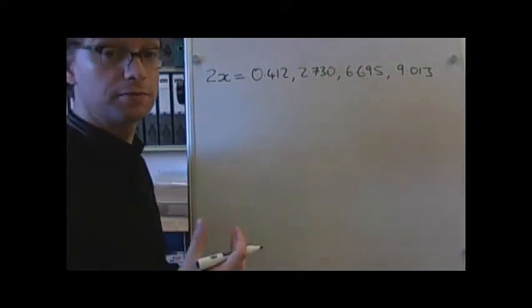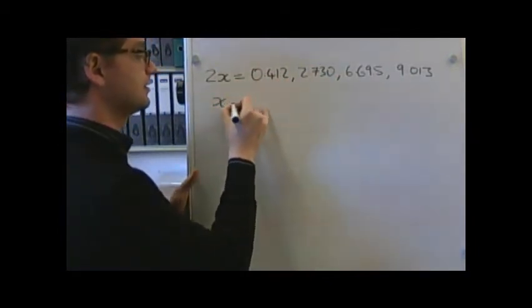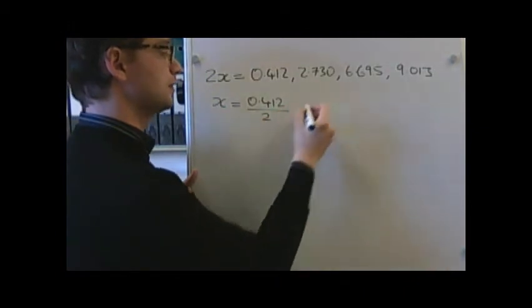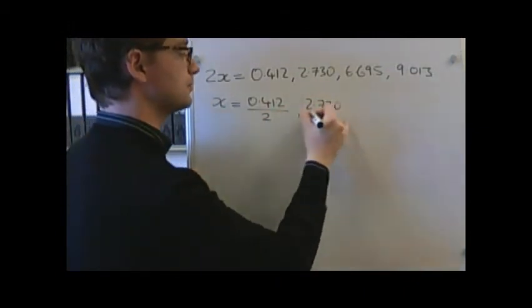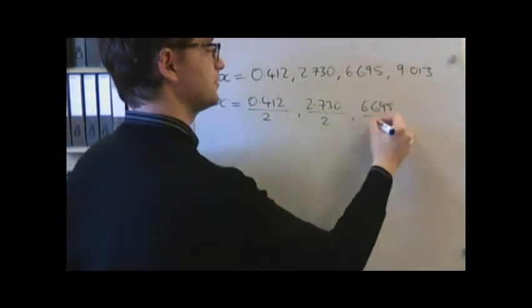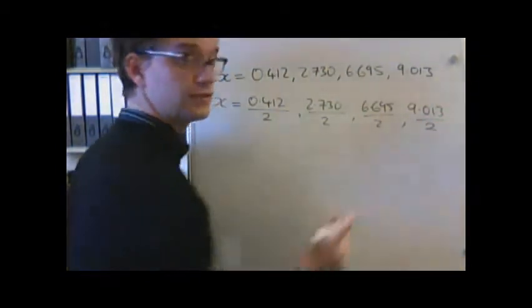And now what I'm going to do is halve all of them. All of these things are possibilities for 2x. So x just equals 0.412 over 2. And 2.730 over 2. 6.695 over 2. And 9.013 over 2.